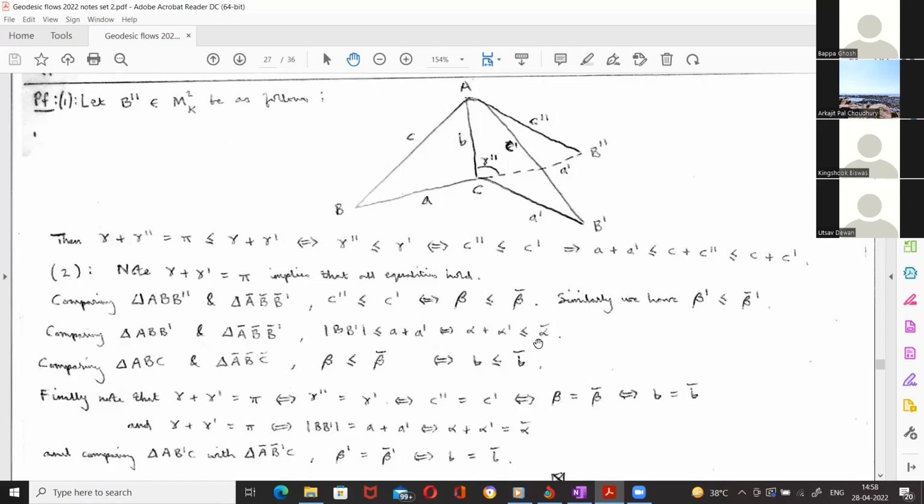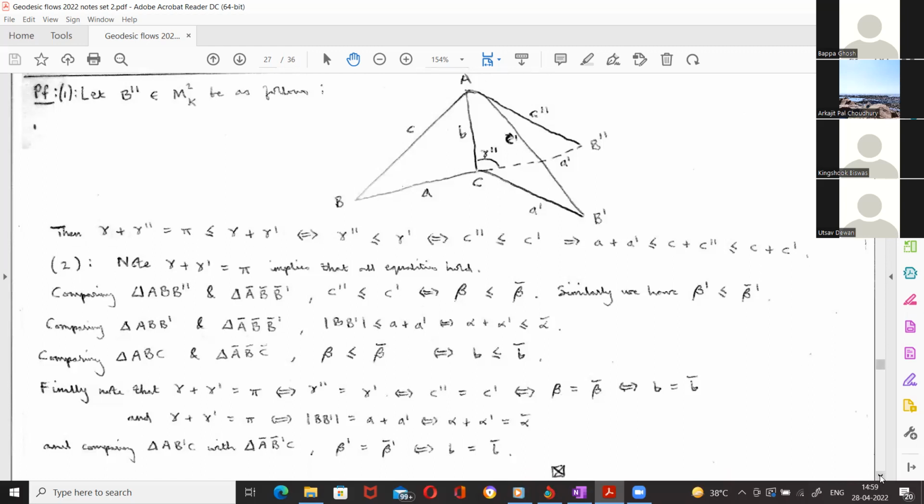So equality here will be equivalent to equality here. Is this clear? And finally, similarly, beta prime is equal to beta bar prime if and only if B is equal to B bar. So that proves Alexandrov's lemma. Is this okay?